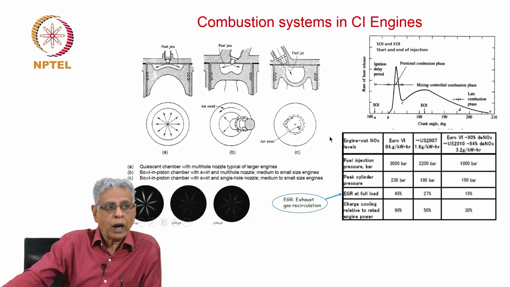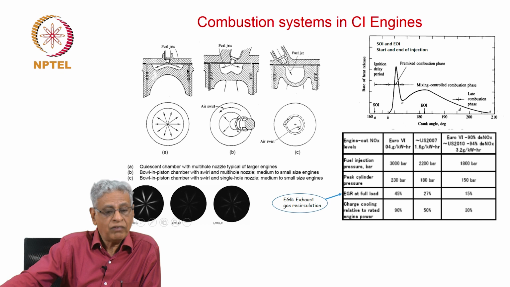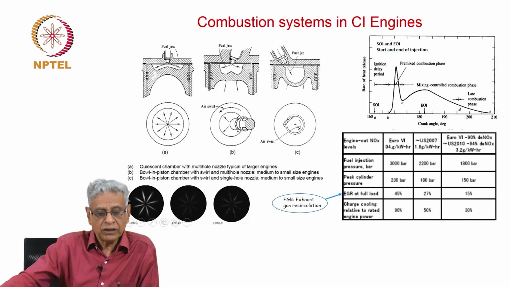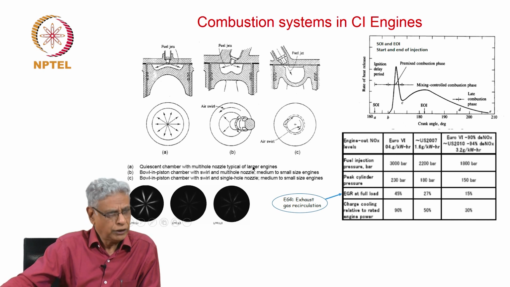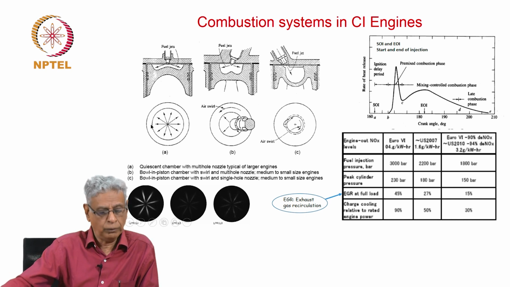Let us go to compression ignition engines. We have a variety of combustion systems in which the fuel is injected in a variety of ways. You will see three of them here. This is the combustion chamber with multi-hole nozzle, typically used for larger engines. You radially inject the fuel.